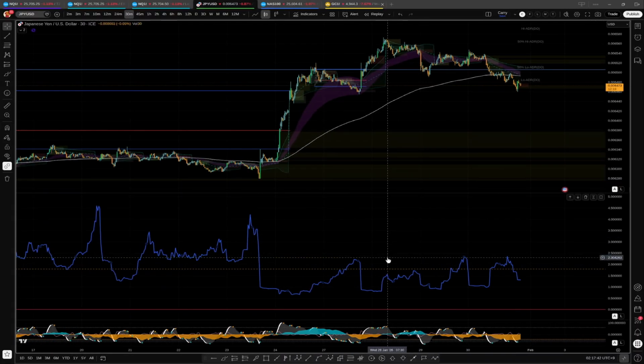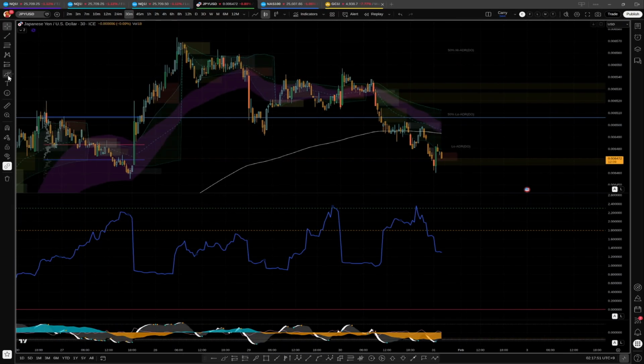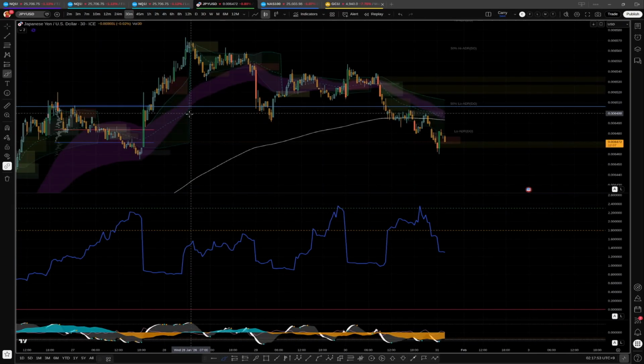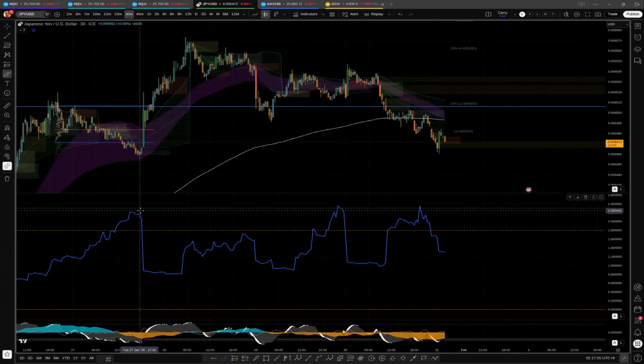So we have a 2.3 line, and we have a 1.8 line, and then we have 0. The idea with this indicator is you want to look for the indicator diverging from price.